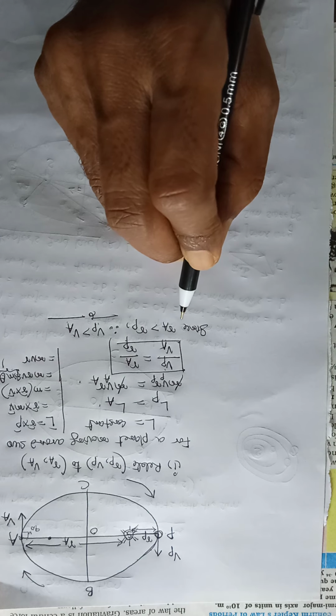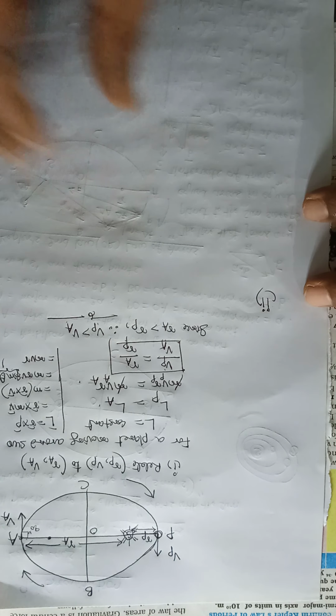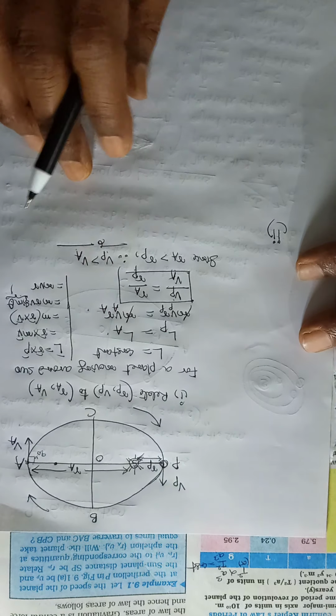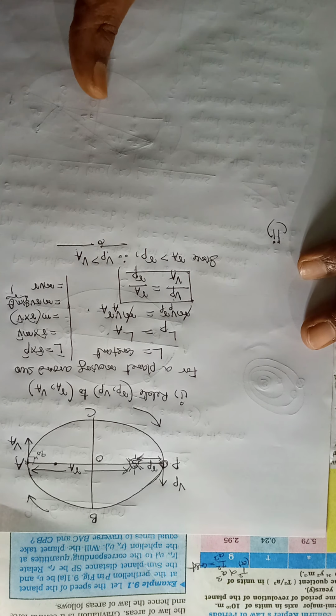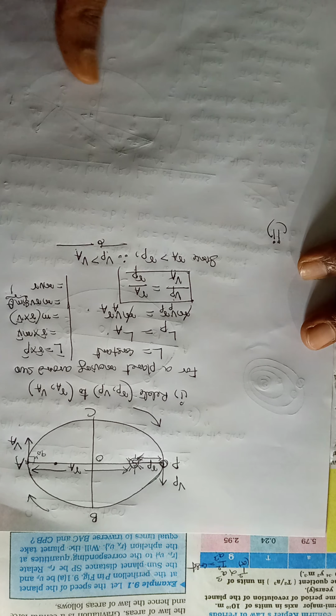In this problem, another thing is, will the planet take equal times to traverse BAC and CPB? Now we have to compare the time taken.